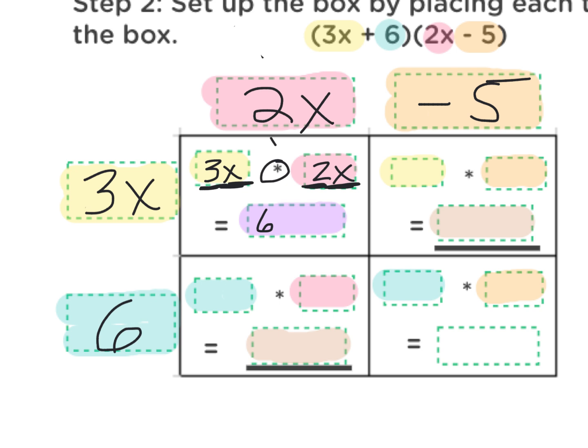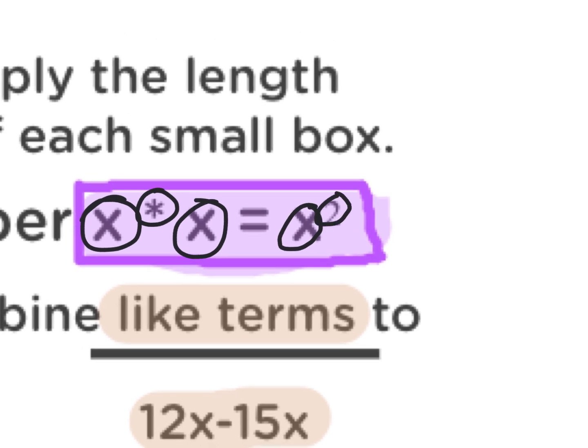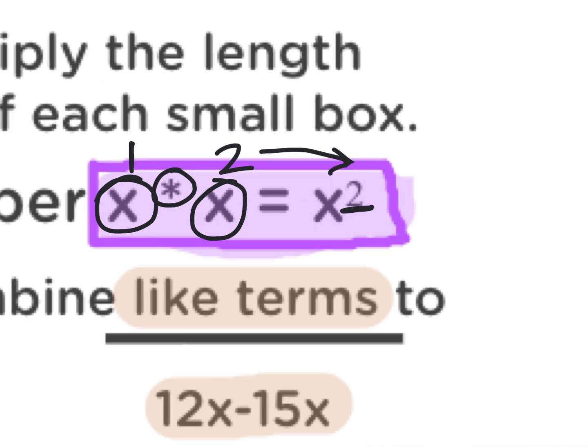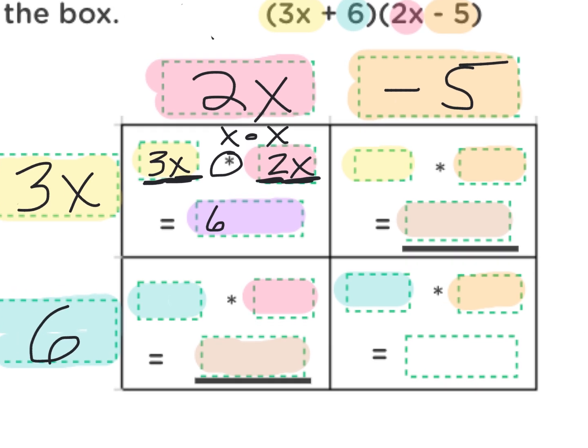And to multiply an x times an x, remember from a previous lesson that 1x times another x is written as x to the second power because we're multiplying 2 x's together, and so that is where the 2 comes from. So after we multiply 3 and 2 to get 6, we multiply the x's together, and so that will be 6x to the second power.